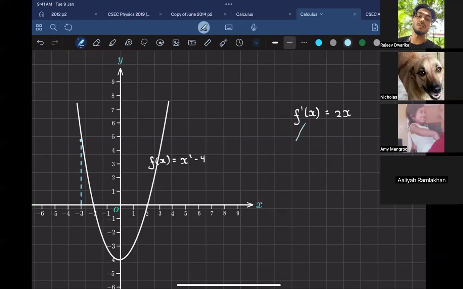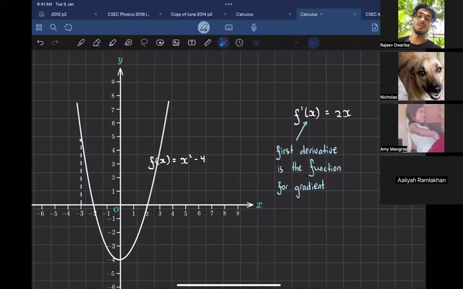First derivative is the function for gradient. And Aliyah, we just discussed that in a curve, is the gradient the same at all points? Is the level of steepness the same at all points?